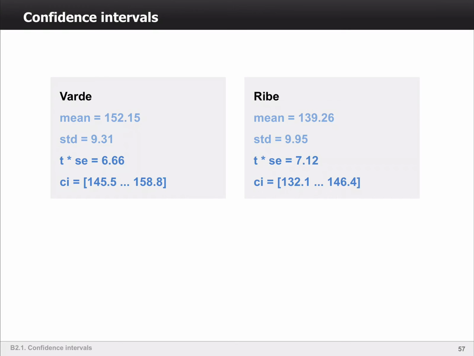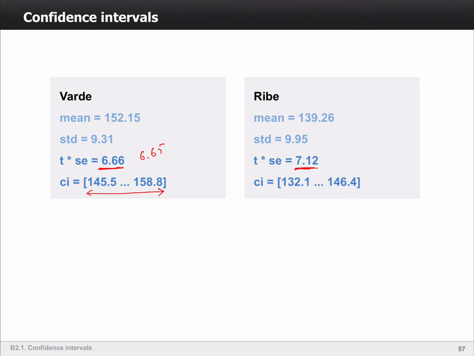So we have the results. That's the statistics we have calculated. This is the error margin. I've got 6.65. I think I just wrote the wrong number here. And this is the confidence interval. And then I did the same for the Riba River.